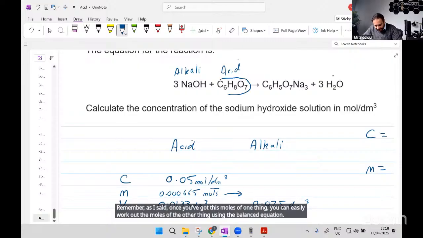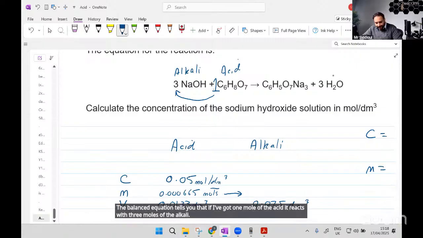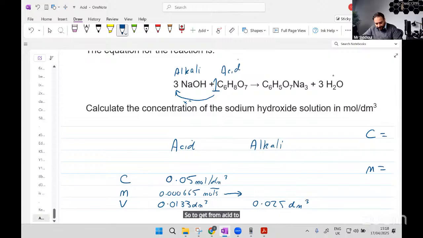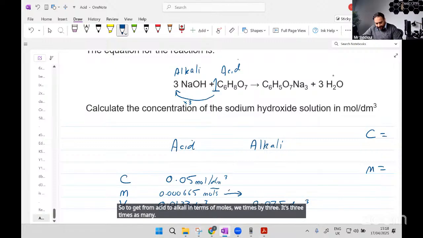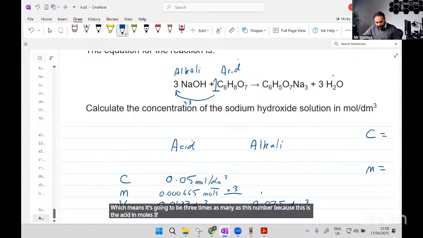The balanced equation tells you that if I've got 1 mole of the acid, it reacts with 3 moles of the alkali. So to get from acid to alkali in terms of moles, we times by 3. It's 3 times as many as this number because this is the acid in moles. If I want the alkali in moles, I will times that by 3.